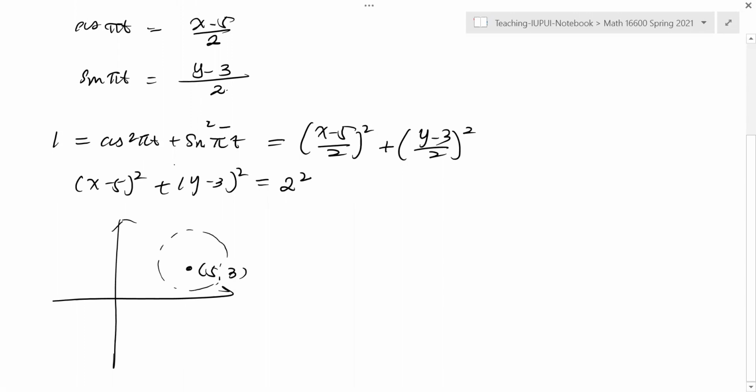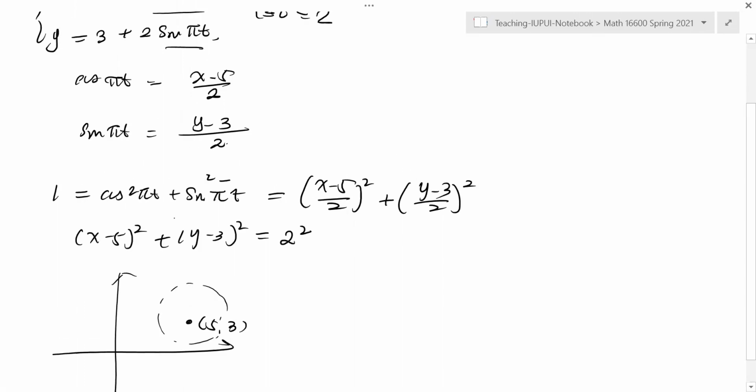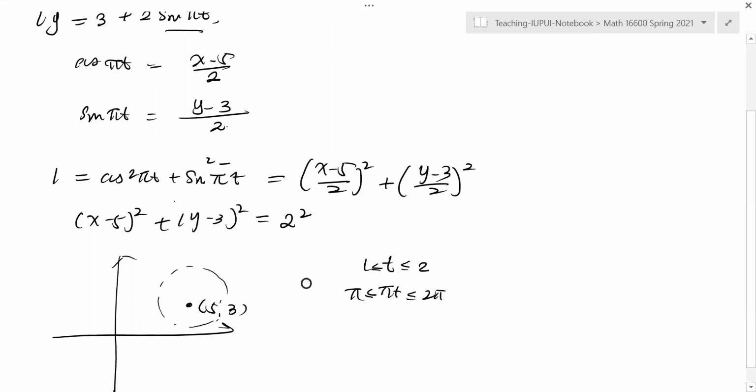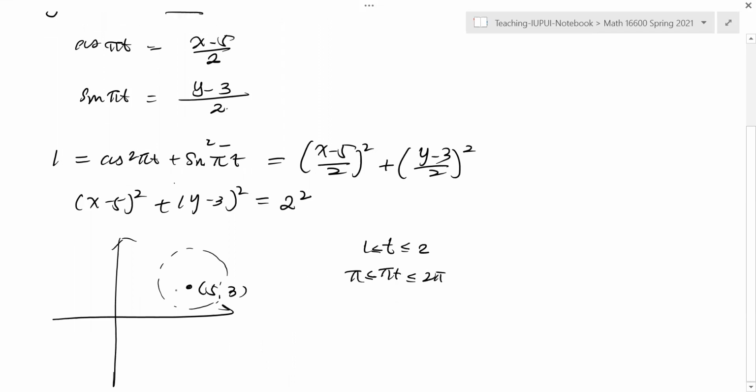I think it's only part of the circle, because when t is between 1 and 2, pi t is between pi and 2 pi. So clearly it is this part, where t equals 1 here and t equals 2 here.